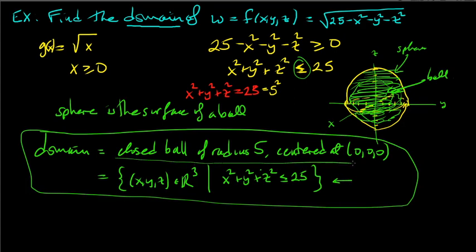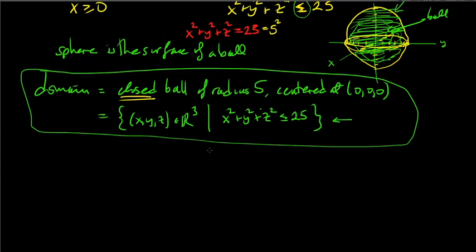If you say closed ball of radius 5 centered at the origin, it's the same thing. If you're wondering what makes it closed, it's closed because it includes the sphere itself. It includes the outer layer. And we know that because it's less than or equal to 25.